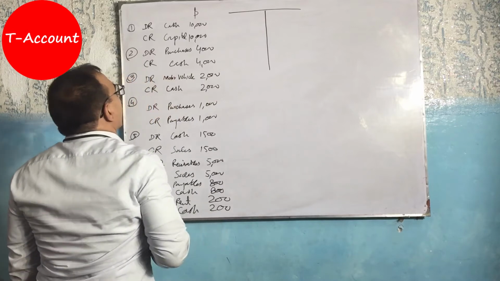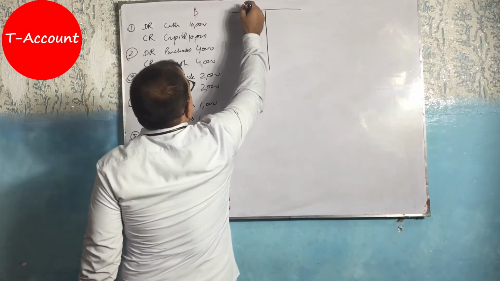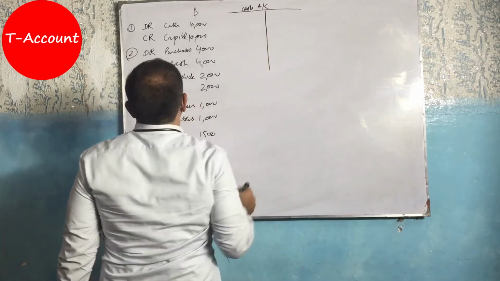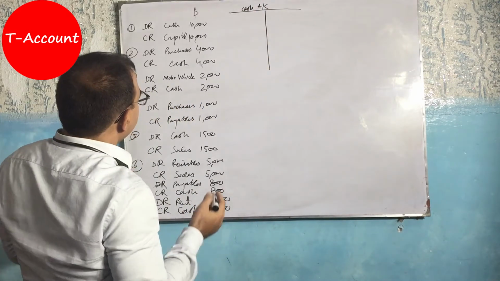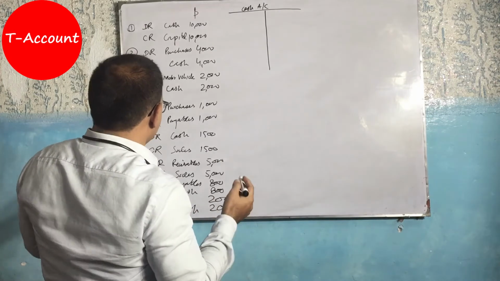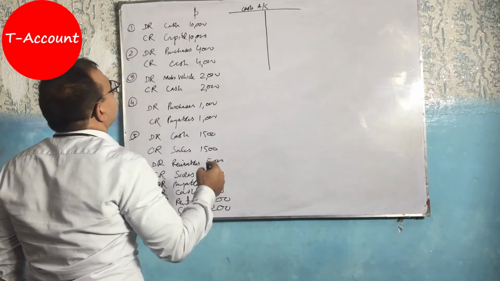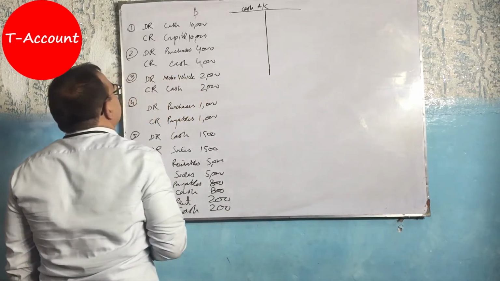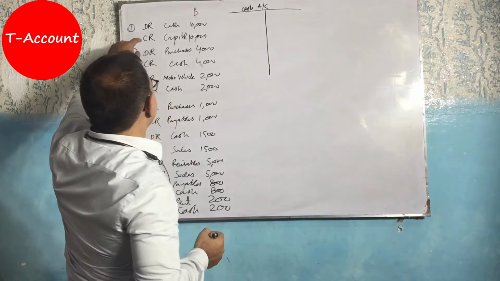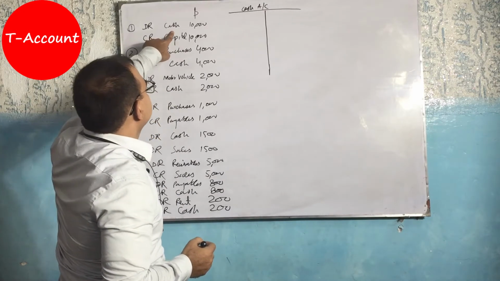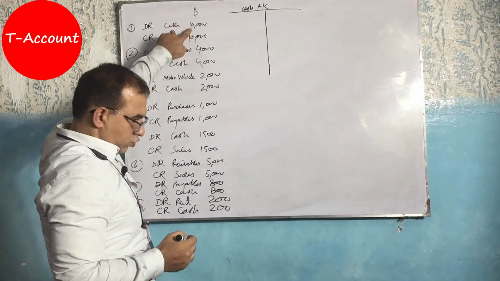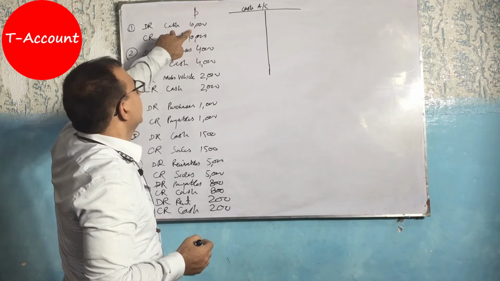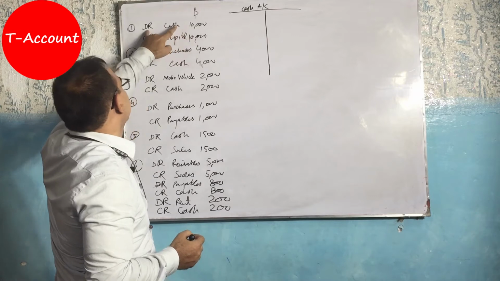The biggest one should be cash because most of the entries are in the cash account. If we don't need that many entries, only one or two entries, we don't need that much space. But I'm afraid we'll need bigger space for this cash. First entry, cash 10,000. We'll post 10,000 in the cash account. Which side?